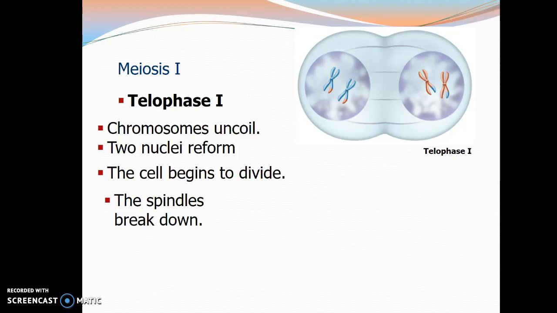Okay, so telophase 1 is when the chromosomes begin to uncoil. You have two nuclei that are reforming, and the cell begins to divide and the spindle fibers break down. So the cell doesn't divide completely, but it begins to divide.